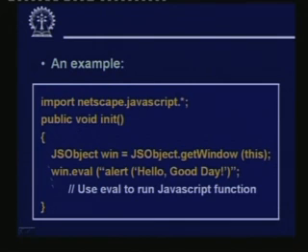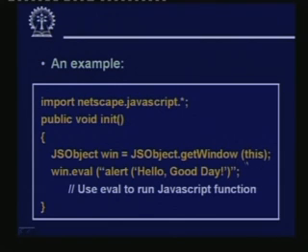Now, a small example to illustrate how we can invoke JavaScript functionalities. This is a small Java program snippet, a Java applet in fact. Here you will have to import netscape.javascript.* to include all the relevant classes. In this function, I am defining an object called win, which is obtained from the getWindow method of the current window.